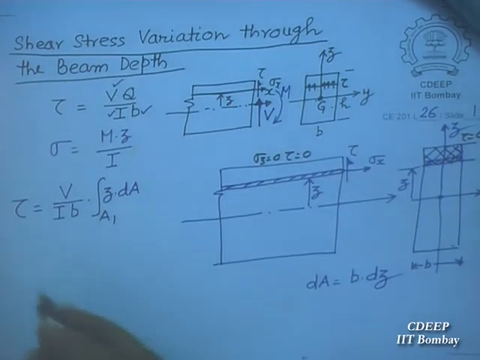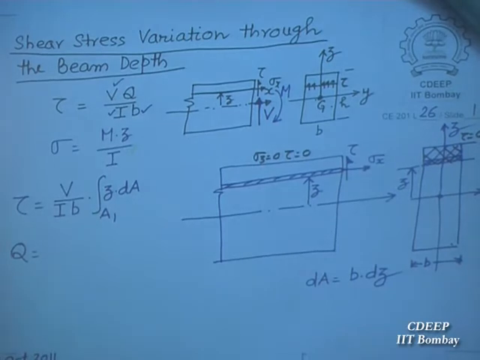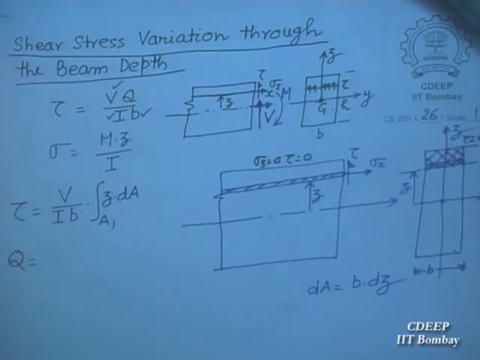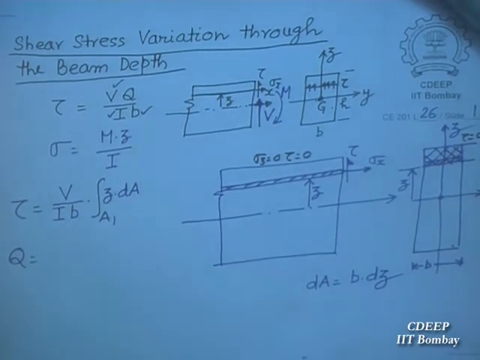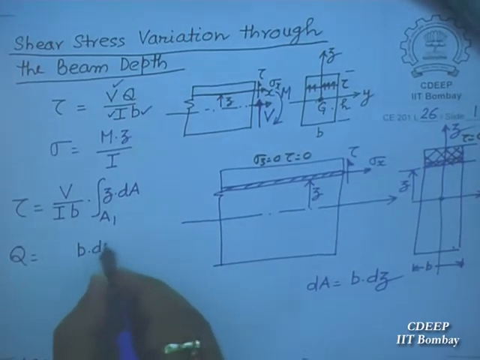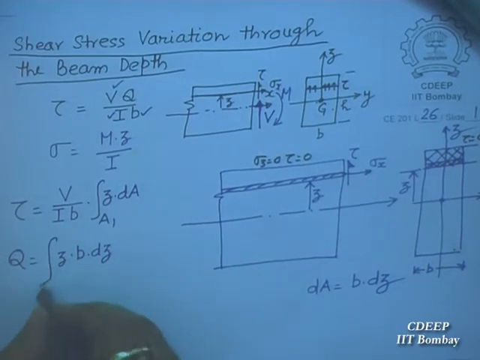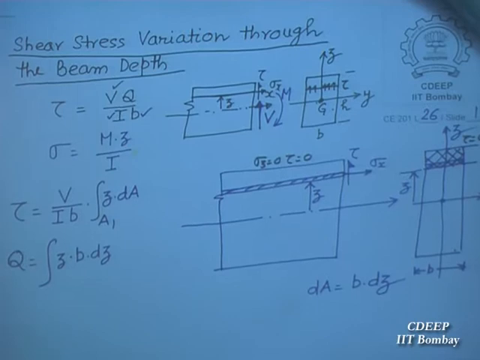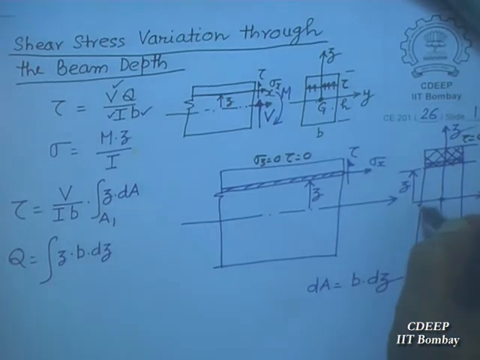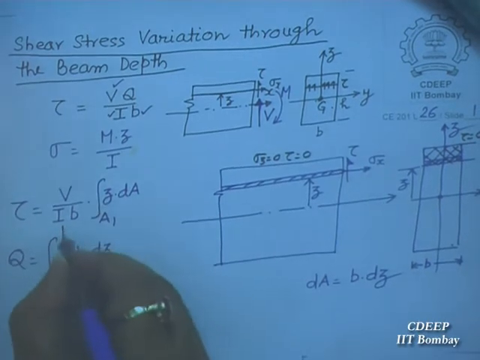So we have to find out Q. So what is Q? Now for this section, area is b dz into z, and we have to go from z to h by 2.